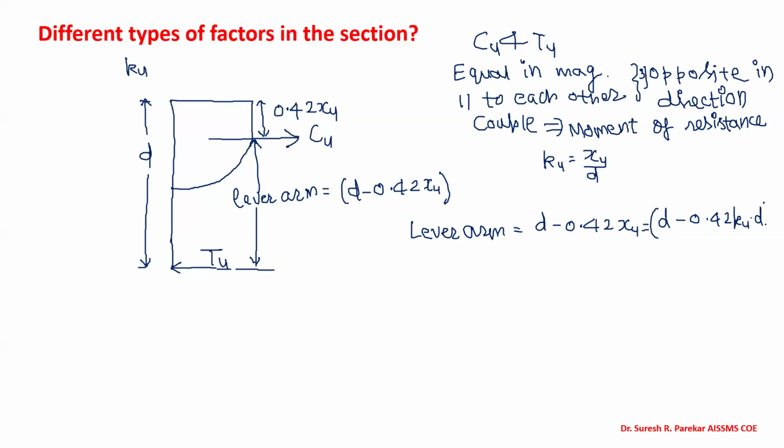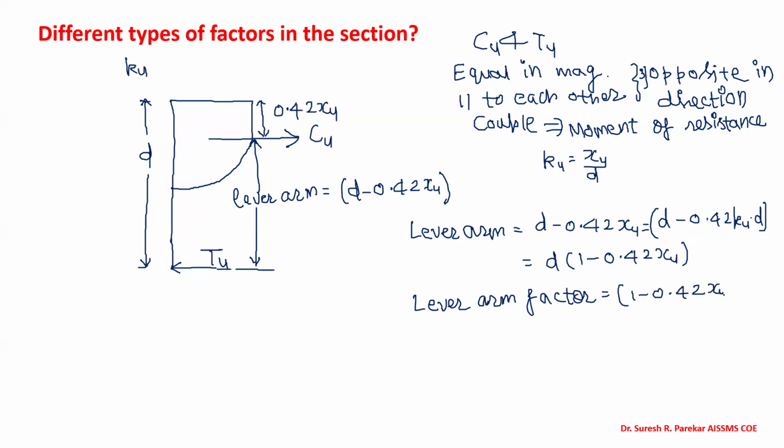If we take d common from both, then we have d into (1 minus 0.42 Ku), and this part we call the lever arm factor. First we have the neutral axis factor; second, the lever arm factor, generally denoted by Ju; and third, the moment of resistance factor.